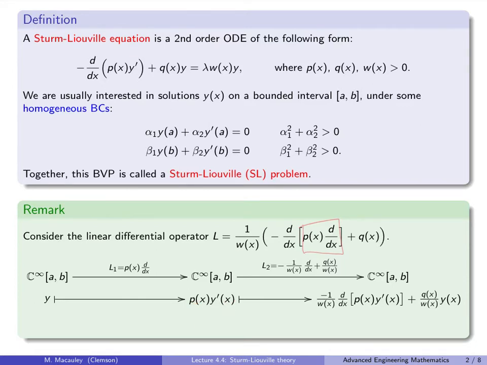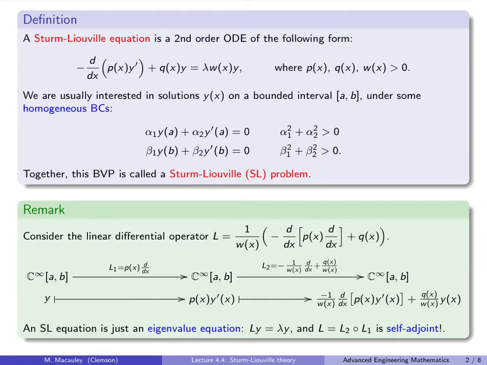Now from here, apply the following differential operator, negative 1 over w(x) d/dx plus q(x) over w(x). You can do that because w is positive. Then you get out this complicated thing, which is the left-hand side of the Sturm-Liouville equation divided by w(x). So why do you want to think of it this way?